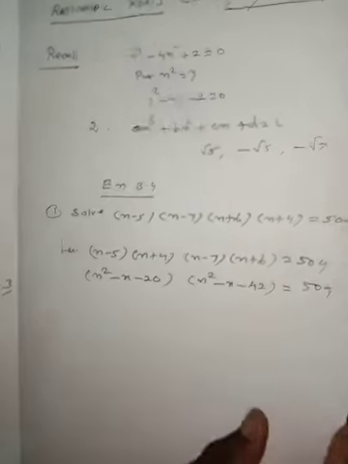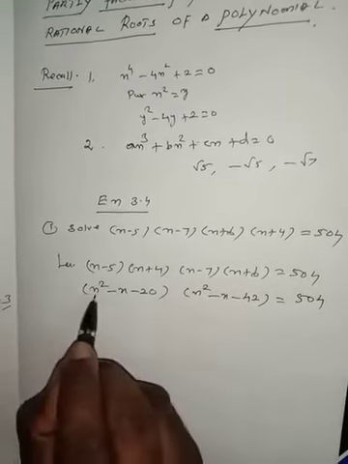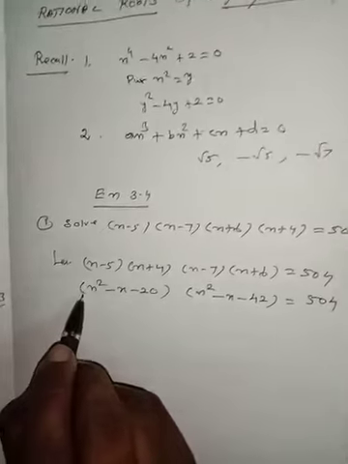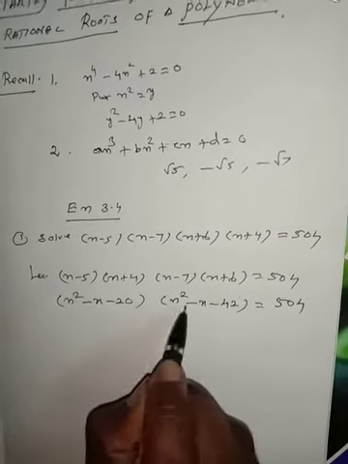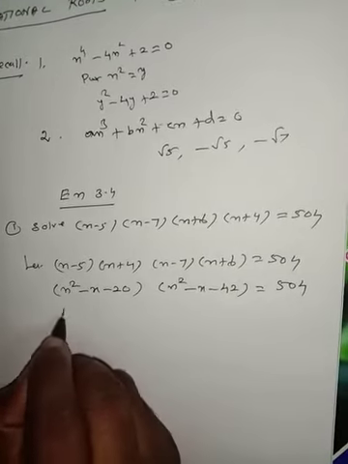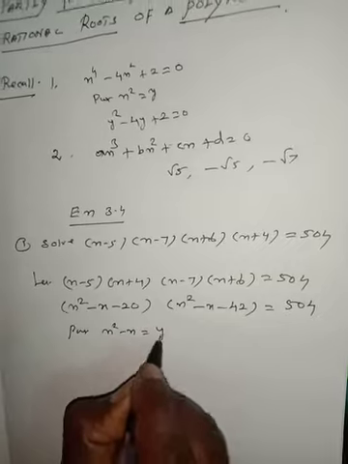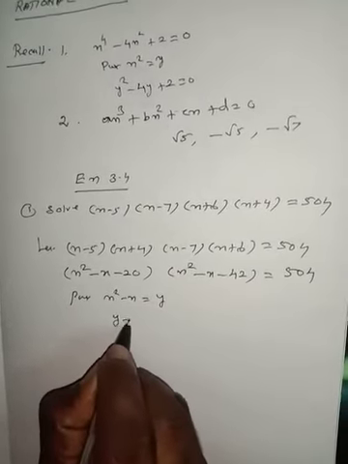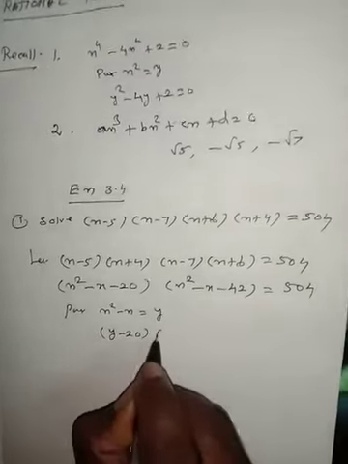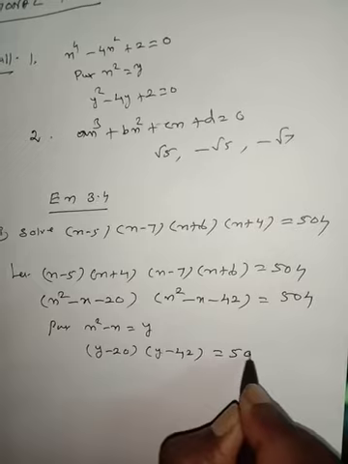Consider these two factors. In the first factor, the first two terms are x square minus x. In the second factor, the first two terms are x square minus x. Put x square minus x is equal to y. What will happen? y minus 20, y minus 42 is equal to 504.